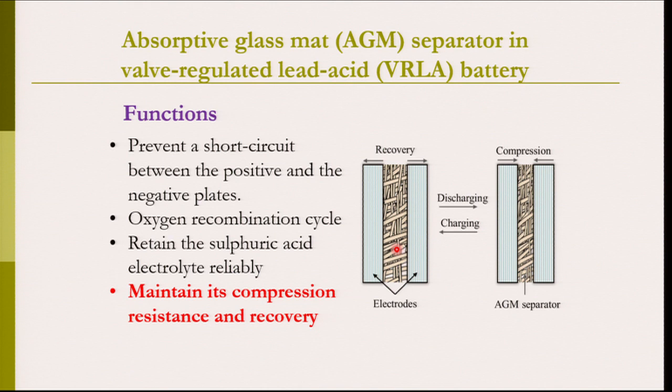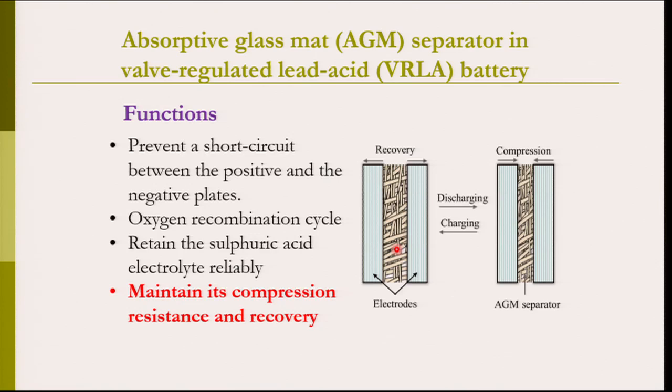The AGM separator would lose its thickness over a period of time, and it would lose contact during the compression and recovery, or during the charge-discharge modes of the battery. Then there would be a good chance that a short circuit may happen.